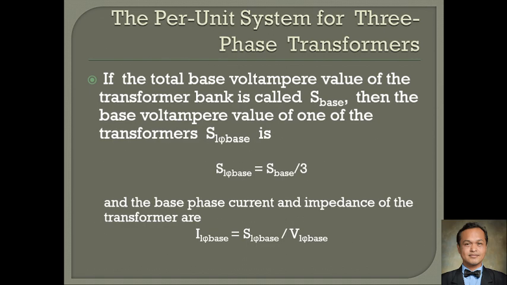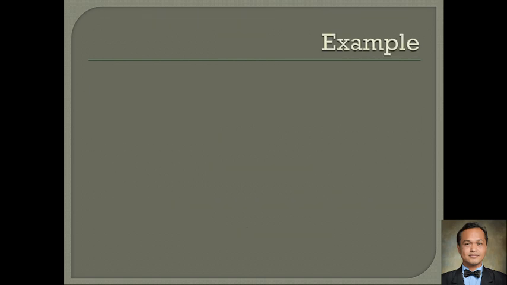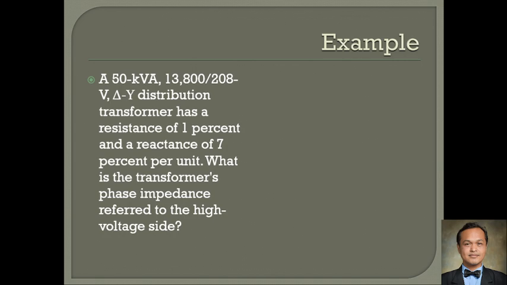It follows that the base current of the transformer is equal to S base over V base. So we're still using Ohm's law applying for a single phase.